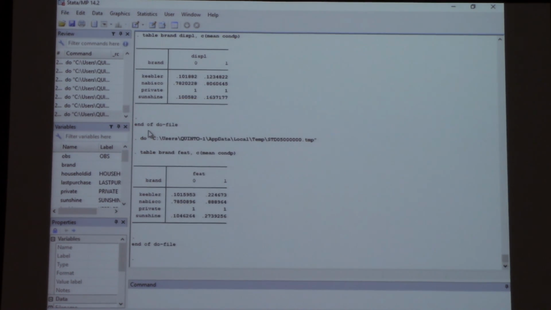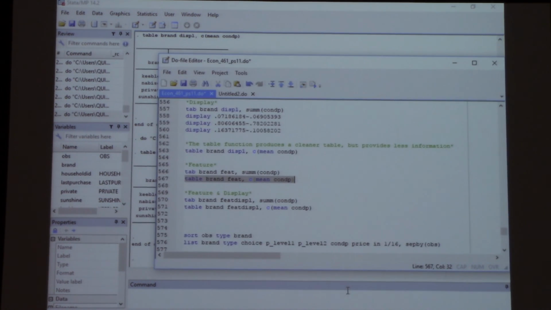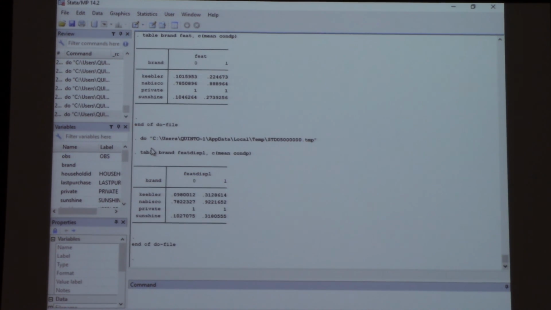Conditional probability is going to be 0.22. And for feature and display, it's going to be 0.31.